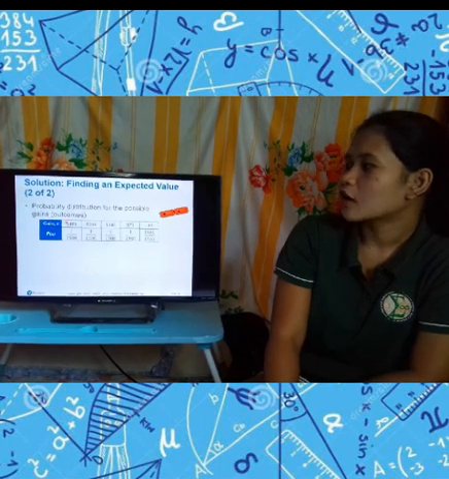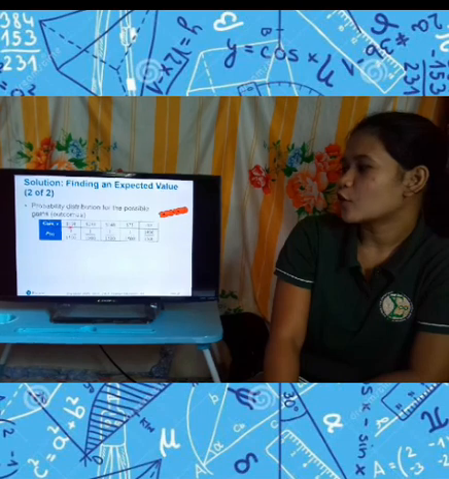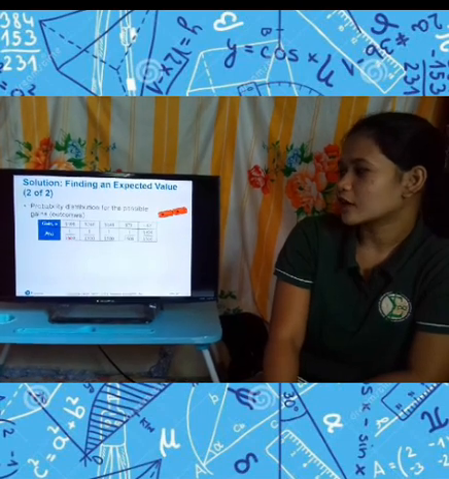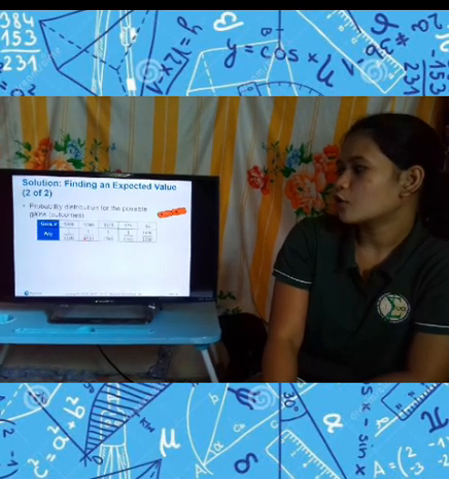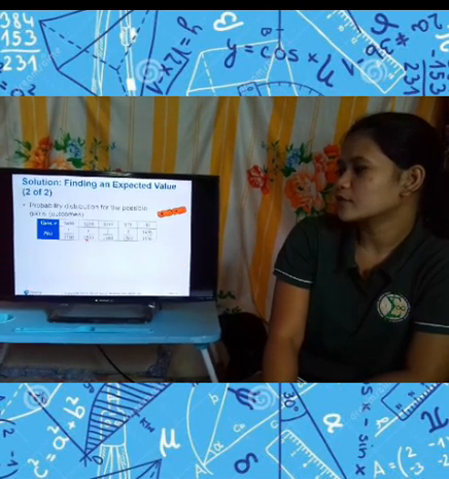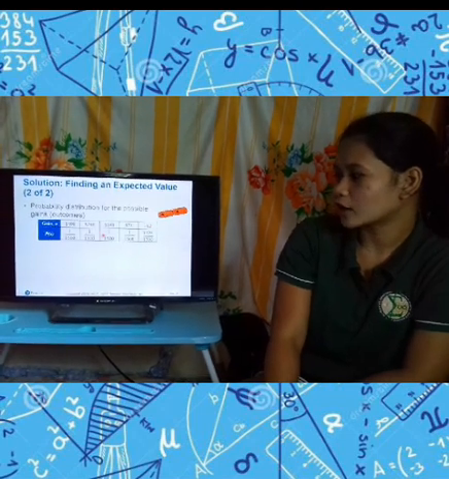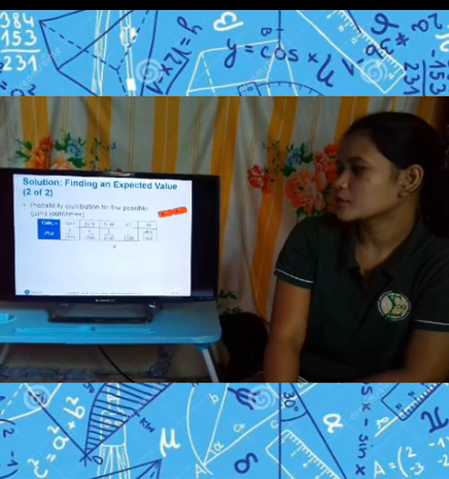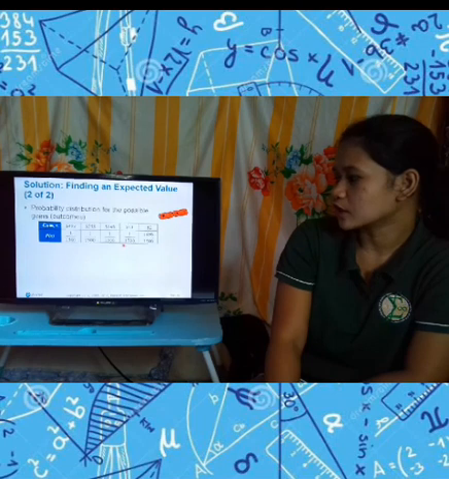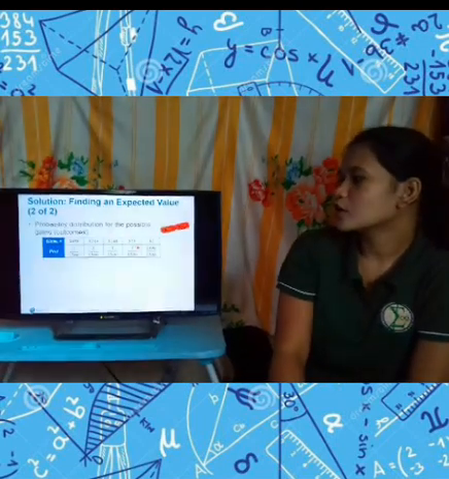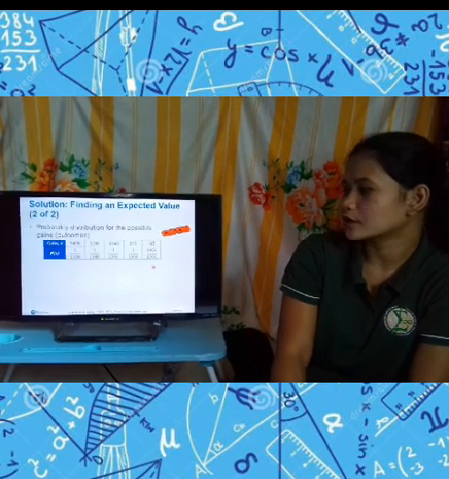So, the $498 has a probability of 1 over 1,500. $248 has a probability of 1 over 1,500. $148 has a probability of 1 over 1,500. $73 has a probability of 1 over 1,500. And then negative $2 has a probability of 1,496 over 1,500.